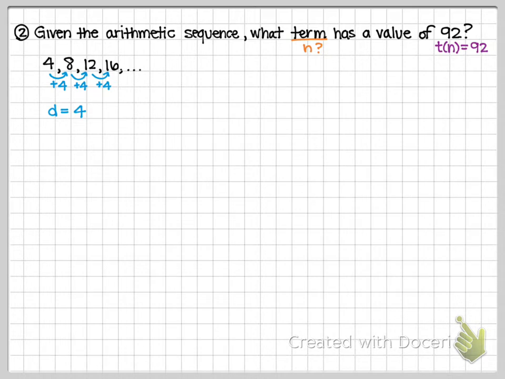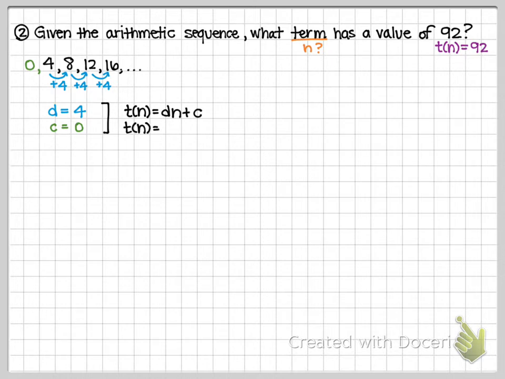If I went backwards, I think this is going to be a 0. Okay, so that means that c is 0. All right, let's write our equation here. So using those two, I know that T of n is going to be dn plus c.